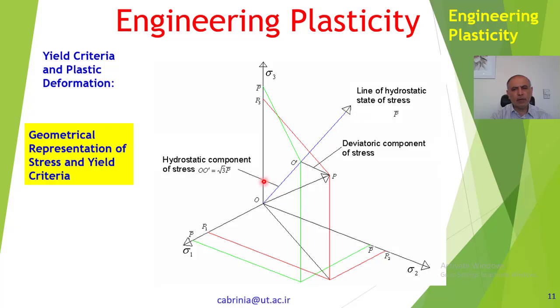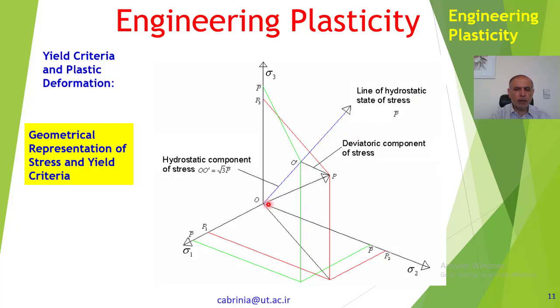So any state of stress that we have, we could have a component on this line showing the magnitude of the state of stress. Now this is a general state of stress. I have drawn a perpendicular to that point, so O' is the component of this state of stress. That is the magnitude of the component of this state of stress along the hydrostatic stress line.